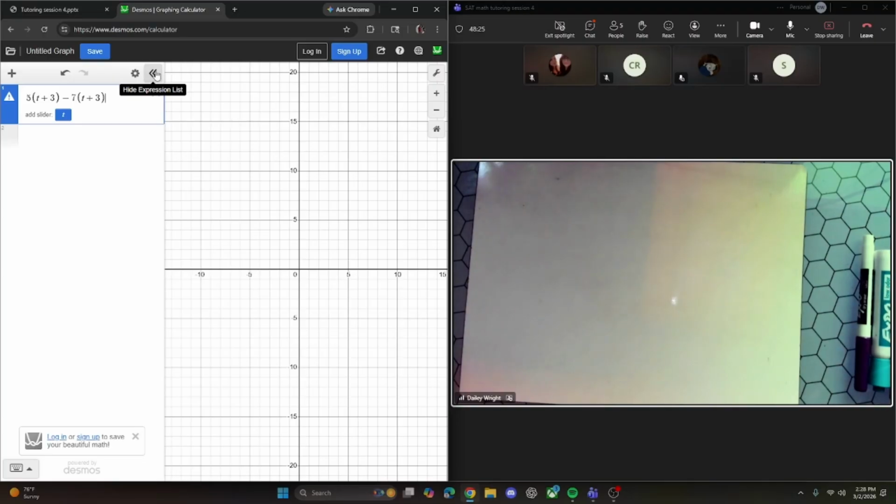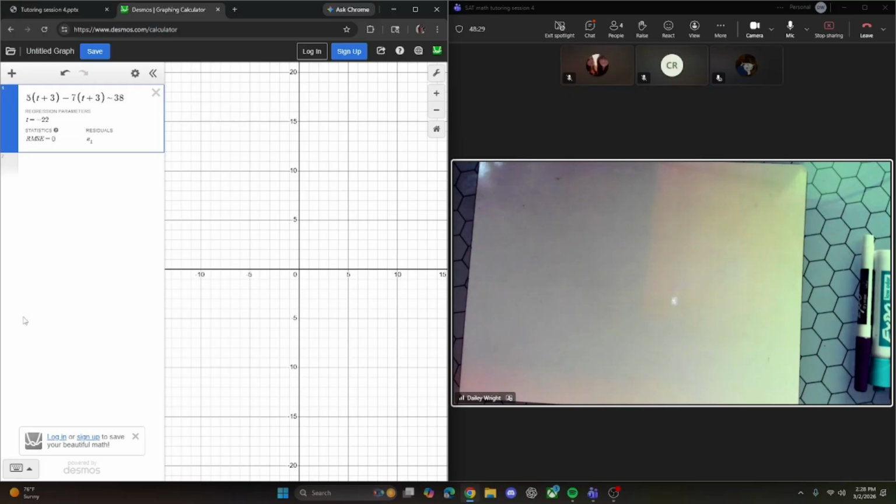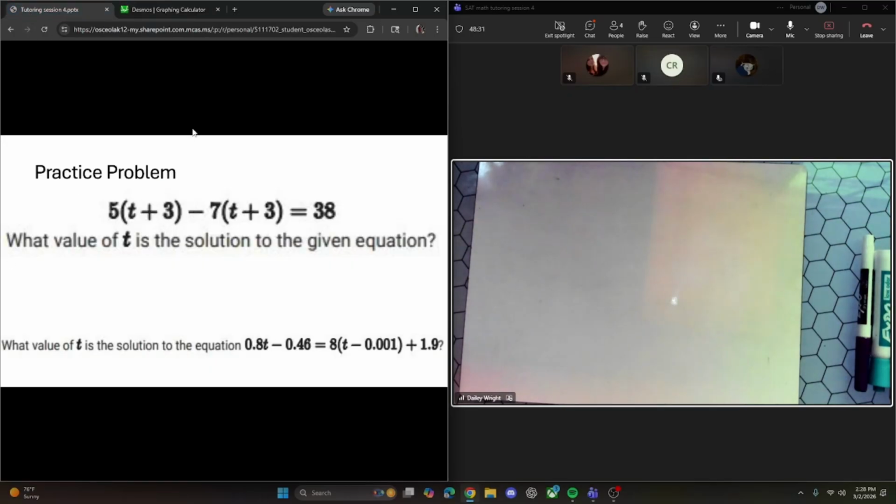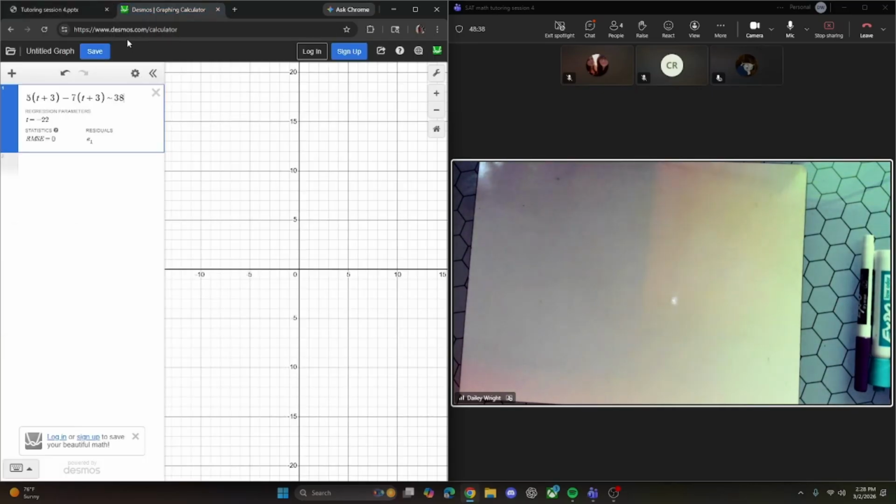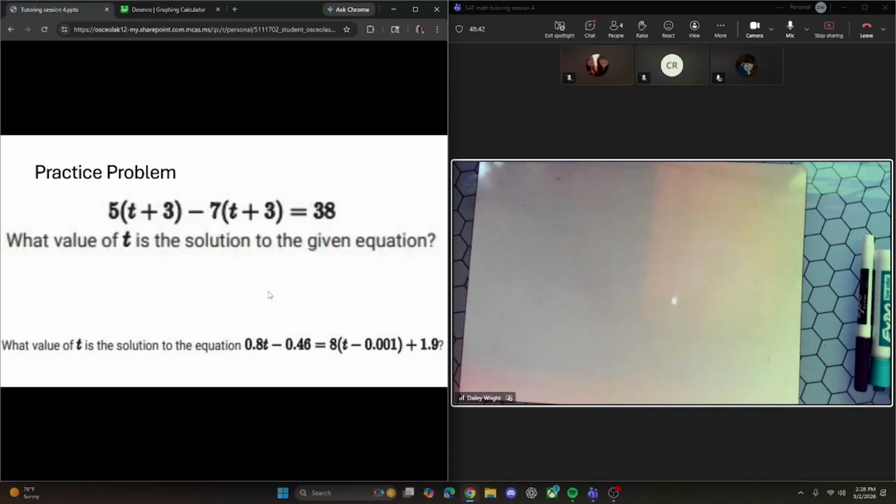And instead of that equals sign, I'm going to put that little squiggly sign here, and then equals 38. So it's giving me t equals negative 22. So the value of t that would make the solution to the equation is negative 22. That is your answer. Done.